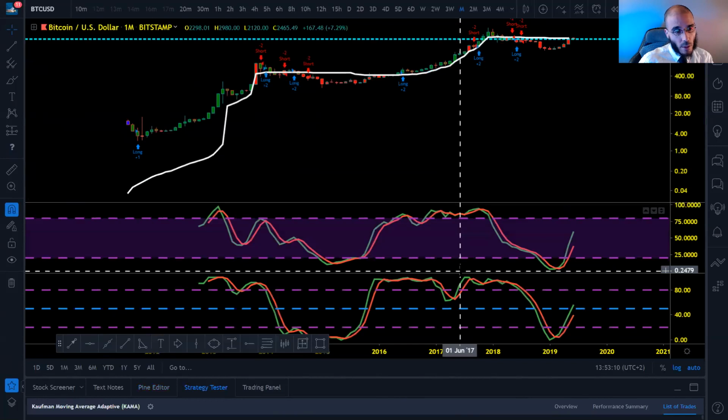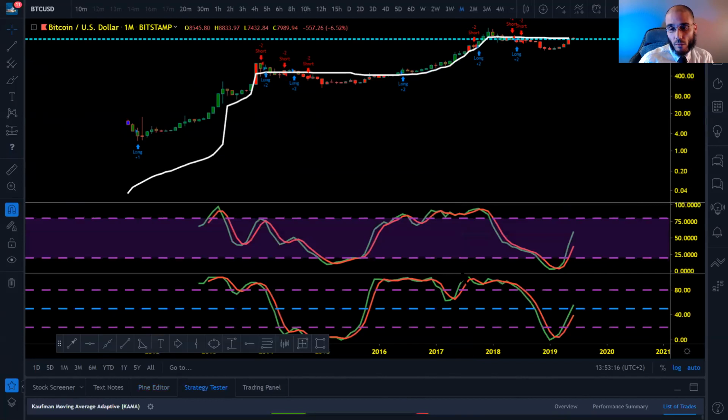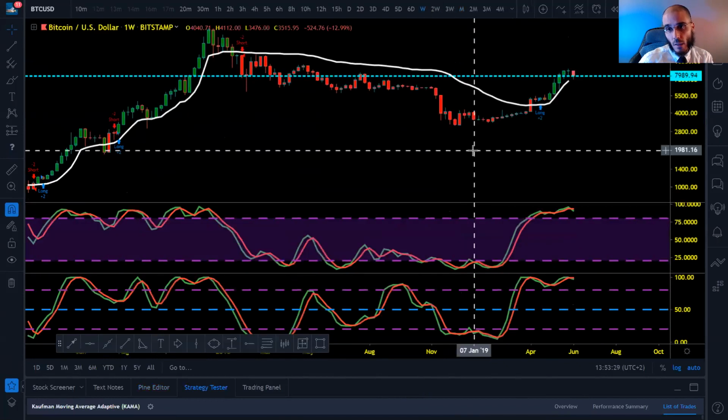Next is Kaufman and Stochastic. We have the 1 month. 1 month is positive. Well, anyway, I want to start with Kaufman. Kaufman is negative on the 1 month. On the 1 week, it is positive.